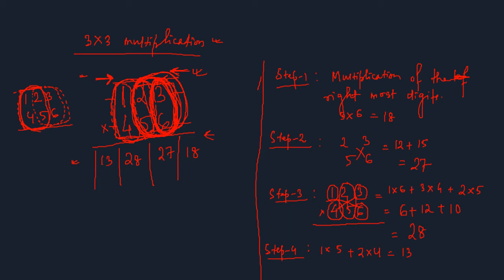Now, of course, the only digits that we are left with are the extreme leftmost digits 1 and 4. So once we multiply 1 and 4, we get 4. However, we have to write it as 04 as I mentioned in the earlier examples.